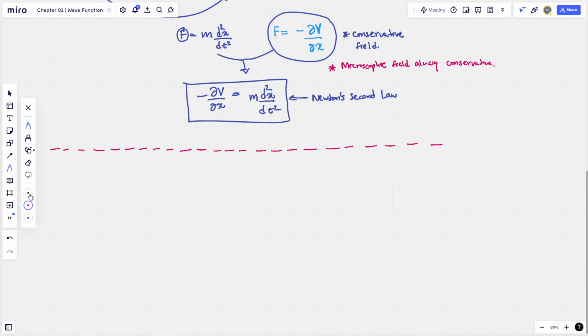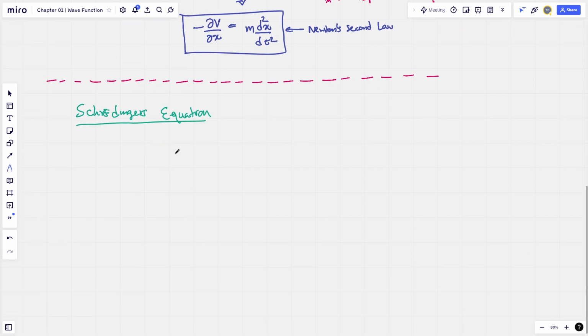Then there's another equation. I'm going to change the colors. There's another equation called Schrodinger's equation, which describes the motion of microscopic objects.